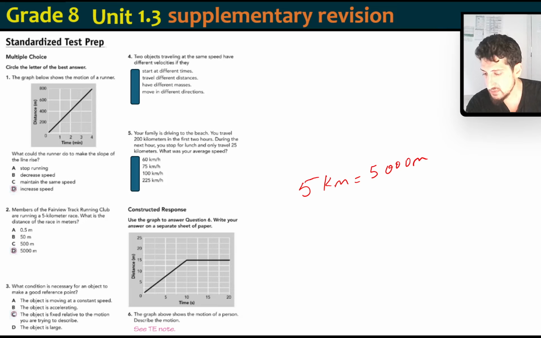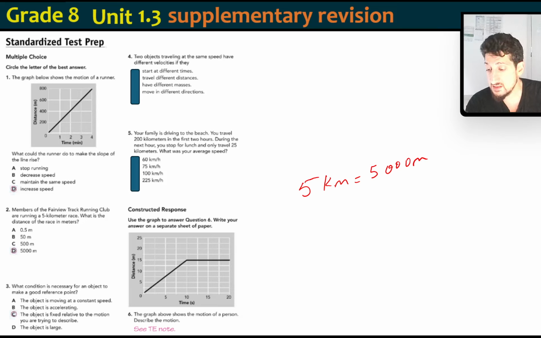Number 4, two objects traveling at the same speed have different velocities if they start at different times? No. It doesn't have to be starting at the same time. If I'm traveling at 60 kilometers an hour and then the next day someone's traveling at 60 kilometers an hour, we have the same velocity. Travel different distances, again, it doesn't matter. If somebody's traveling at 60 kilometers an hour going to Mecca and somebody's traveling 60 kilometers an hour going to another city, they're both going 60 kilometers per hour.